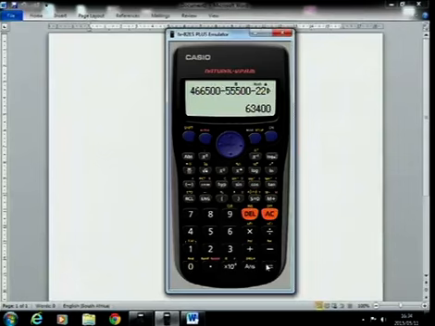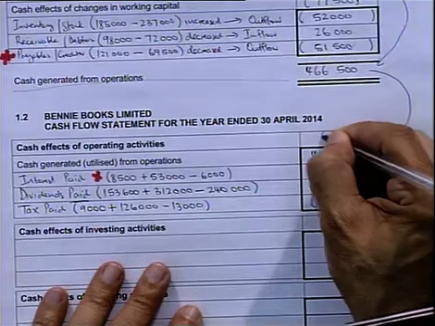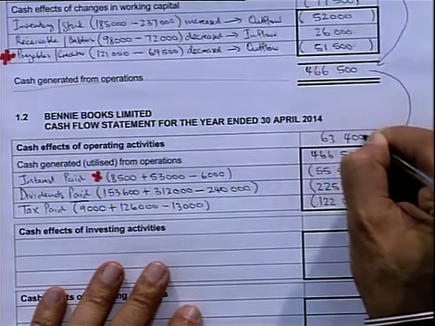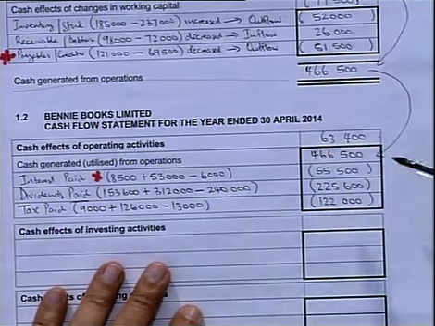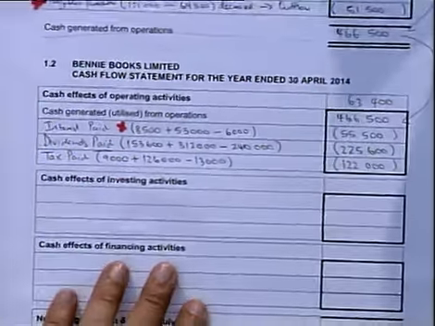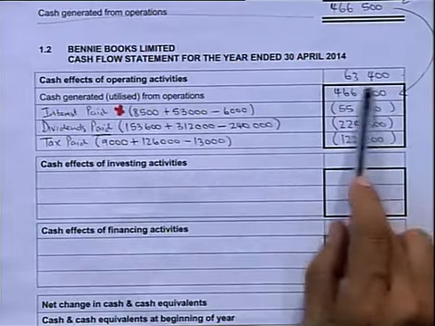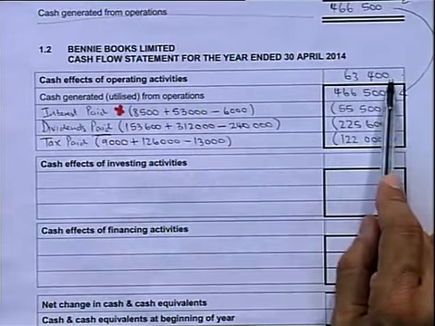And that gives me an answer of 63,400. Okay. So there we have the cash effects of the operating activities, which is 63,400.